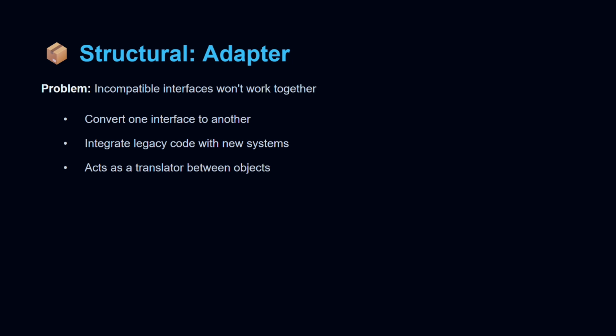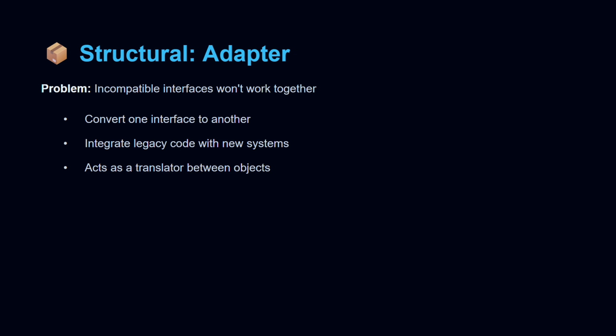The third one is the structural Adapter. Let's look at Adapter, a structural pattern. If we have two incompatible interfaces that need to work together, like integrating legacy code with a new system, then the Adapter acts as a translator between these two.